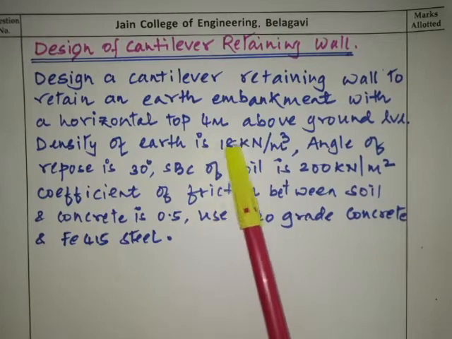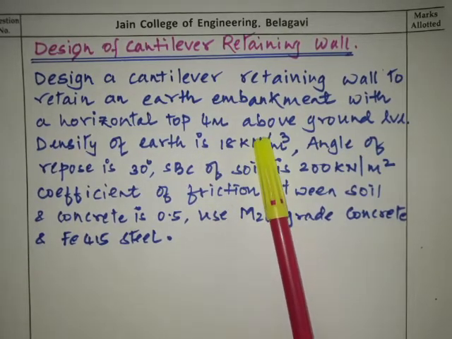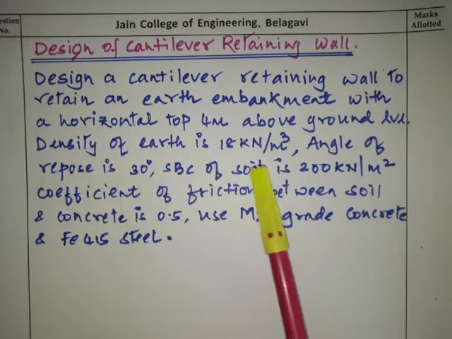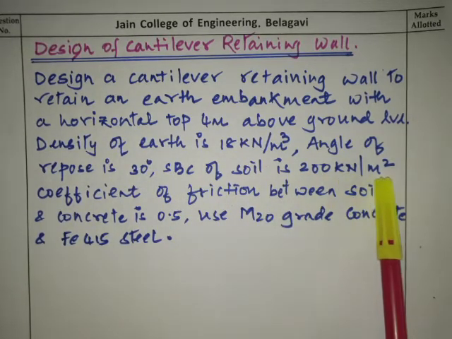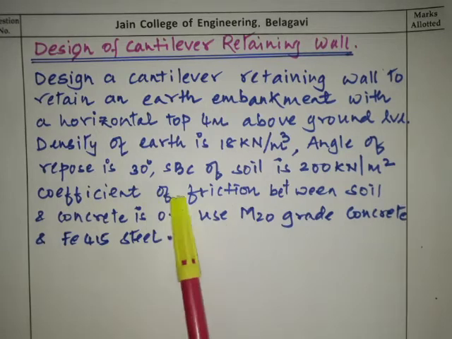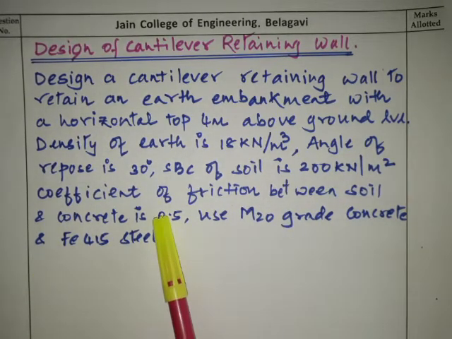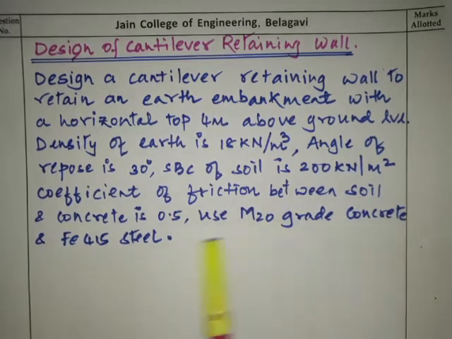Density of earth is 18 kilonewton per meter cube. Angle of repose is 30 degree. SBC of soil is 200 kN per meter square. Coefficient of friction between soil and concrete is 0.5. Use M20 grade concrete and Fe415 steel.